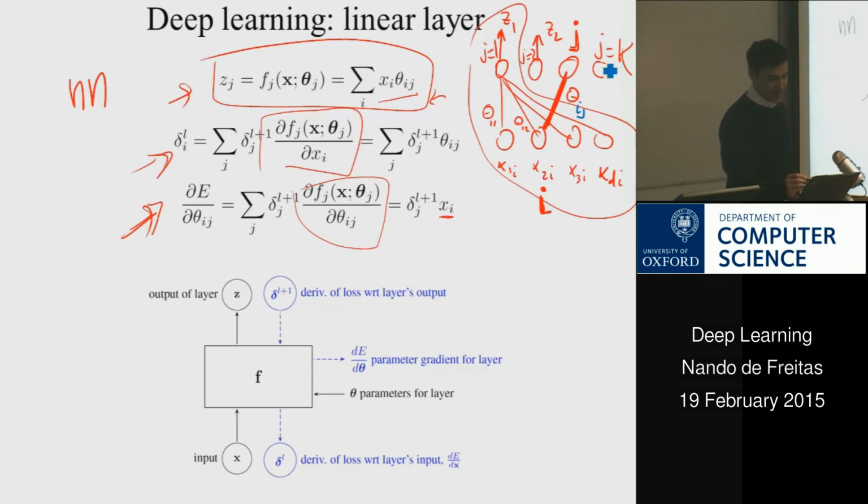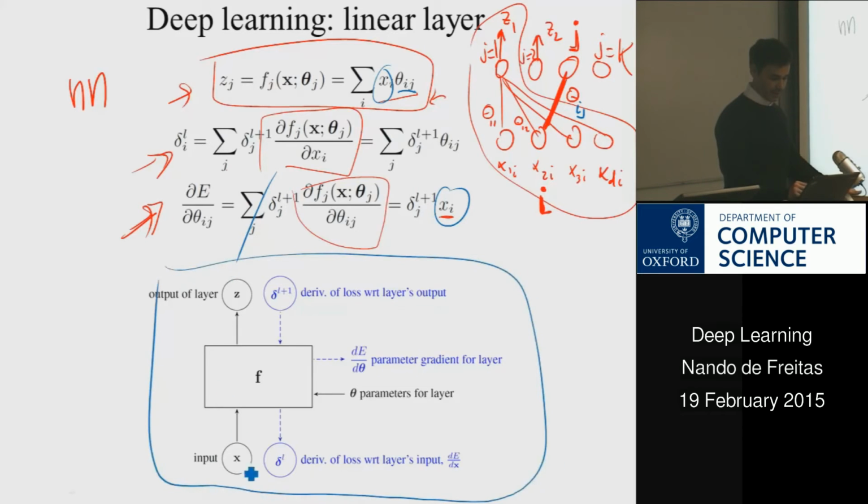So when you sum over all the outputs, there's only one output that is relevant to theta ij, and that's why the sum over j disappears, and the derivative with respect to theta ij is just xi, which is what we have here. Okay. So if you can differentiate, building neural networks is trivial. That's the graph model of the layer. You have an input, you have an output, and then this gives you the backward message, and this other guy is what we get over here.